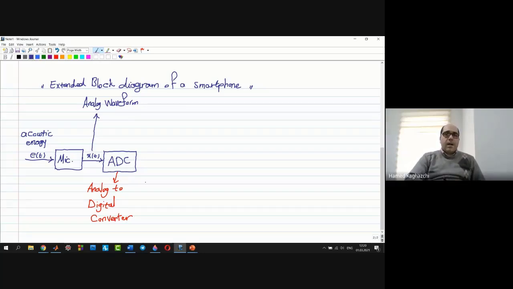So, what is the task of this block? Actually, this block converts x of t, which is an analog waveform, into digital form. In this case, the digital form is speech samples. Okay, now our signal is ready to be applied to the computer for some processing.